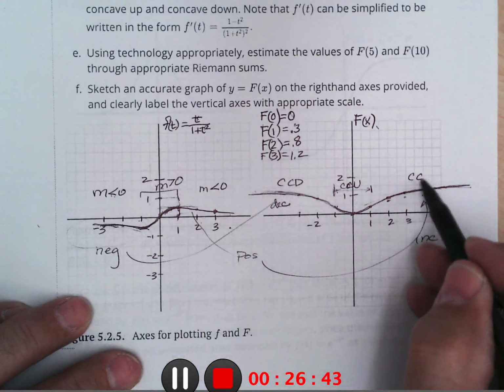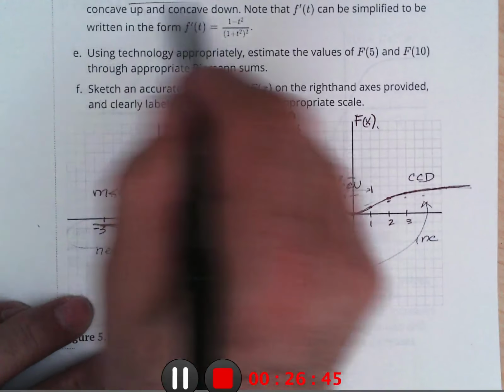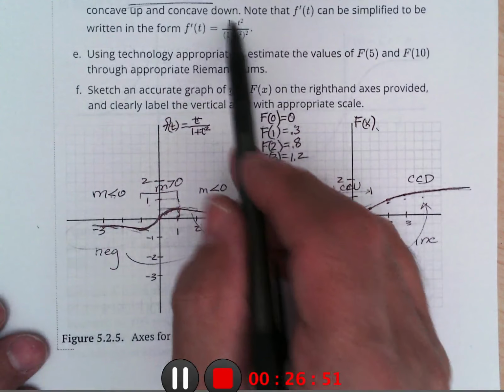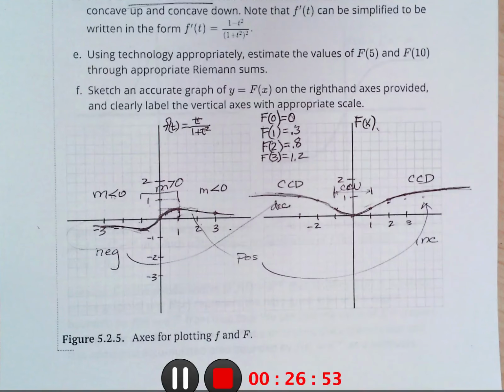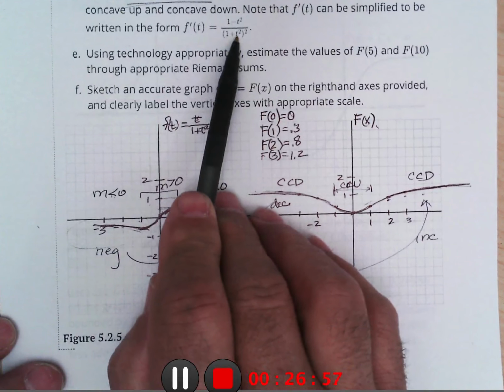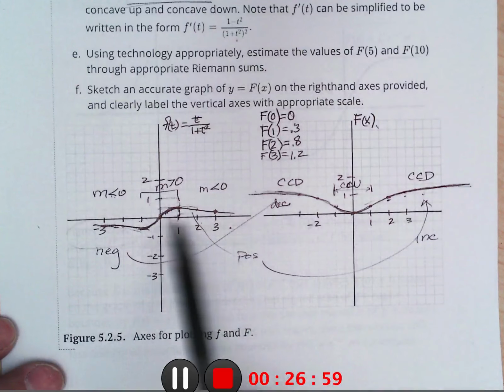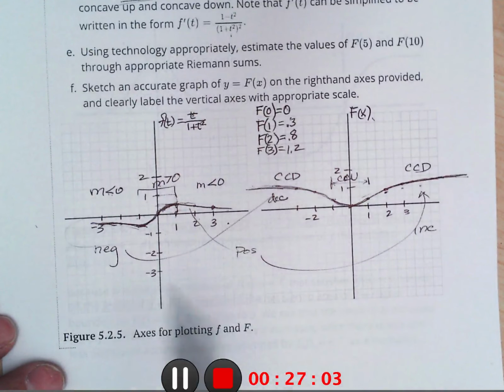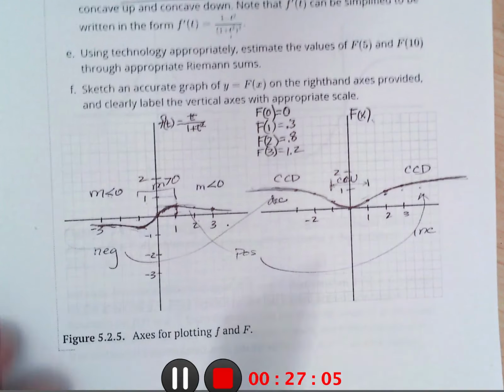So that's what they mean by second derivative test. Now they did something else here and figured out the second derivative, but it's just the slope of this. So we don't need to graph that. We can just look at the slope on this and tell what the second derivative test is going to do.